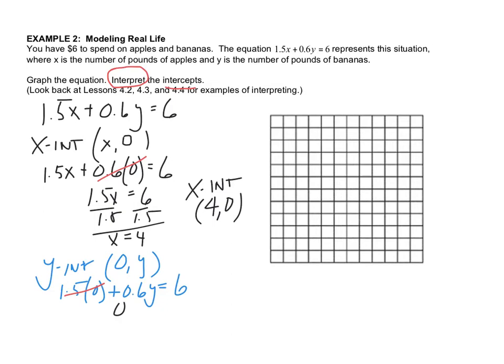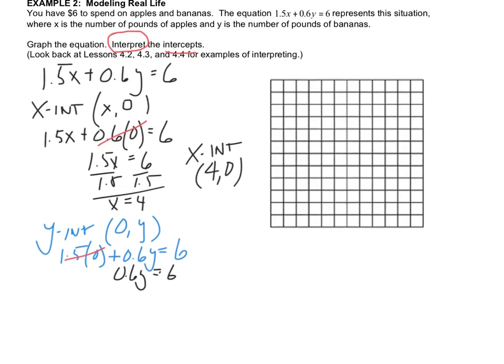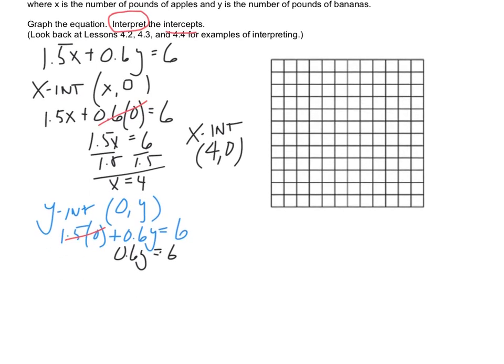Then I get 0.6y equals 6. Then we can divide by 0.6, which means y equals 10. So my y-intercept is (0, 10).